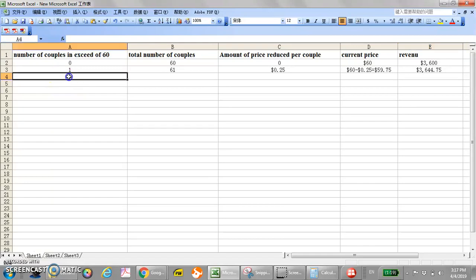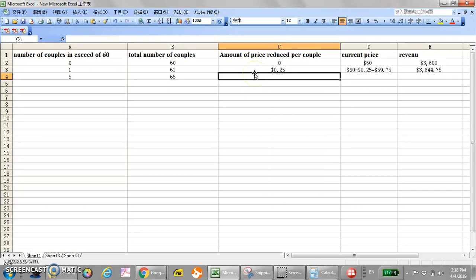And let's see if there are 65 couples attending this event. Since there are 5 couples more than 60, the amount of price reduced for every couple is 0.25 times 5.